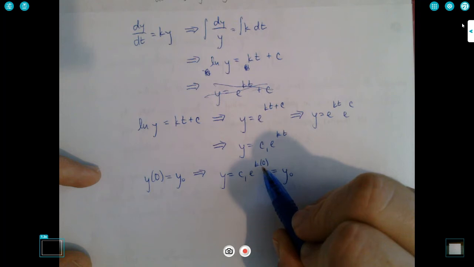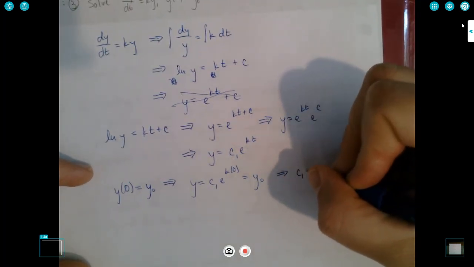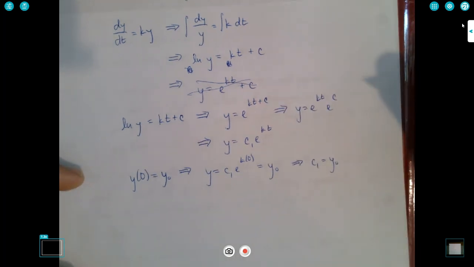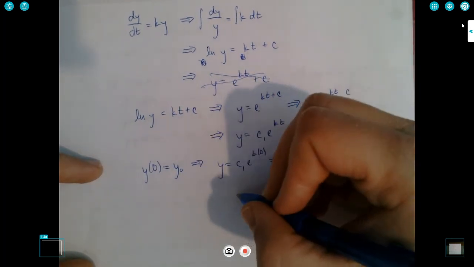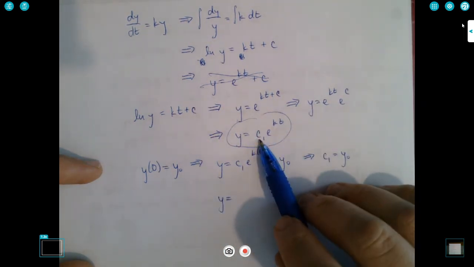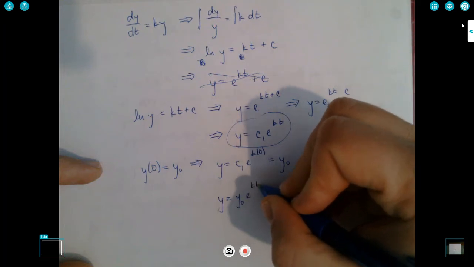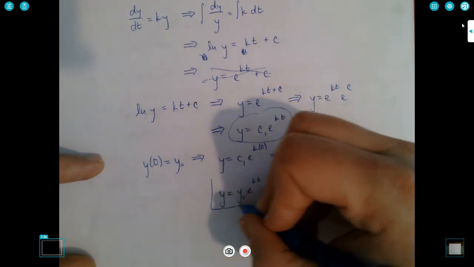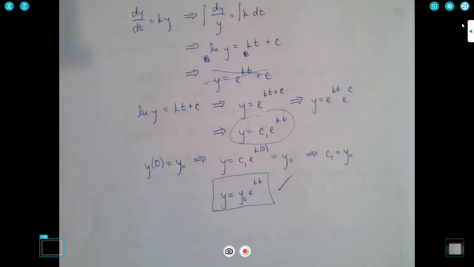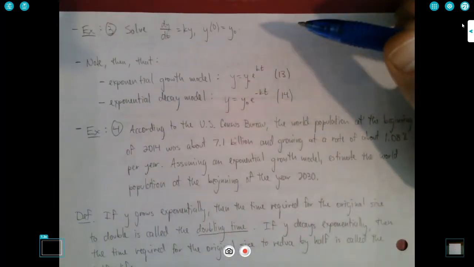Well, k times 0 is 0, e to the 0 is 1, and so this implies that c1 equals y naught. So putting it all together, we know that y equals c1, which is really y naught, e to the kt. And that's exactly the growth model that we expected to get, right?